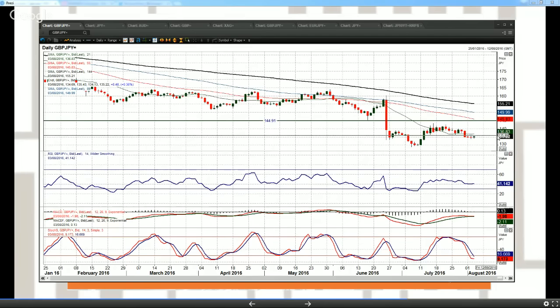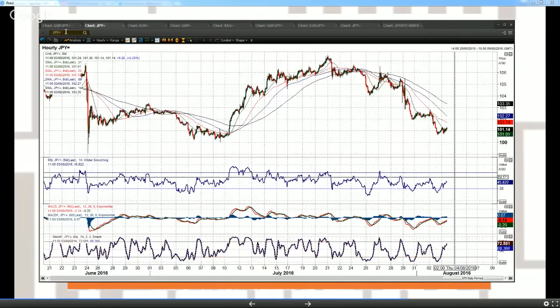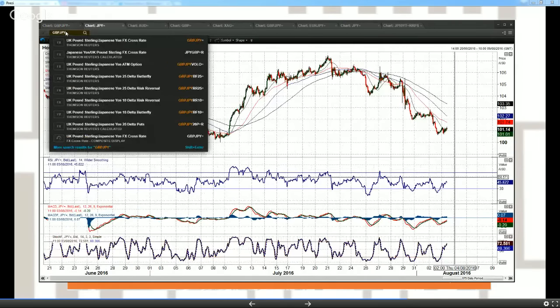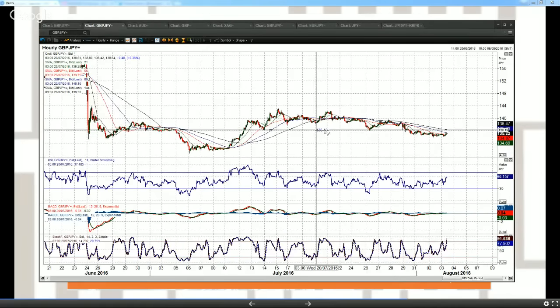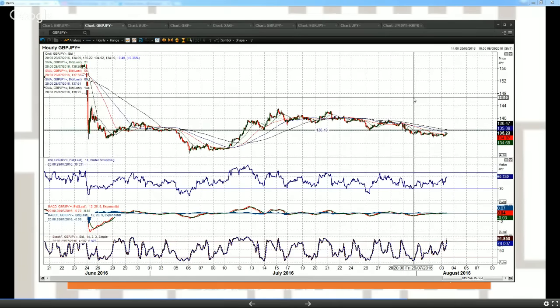Now we had a near-term breakdown on this chart, which would probably show you better on the hourly. GBP JPY. Yeah, that is a pretty decent breakdown, top pattern, whatever you want to call it.